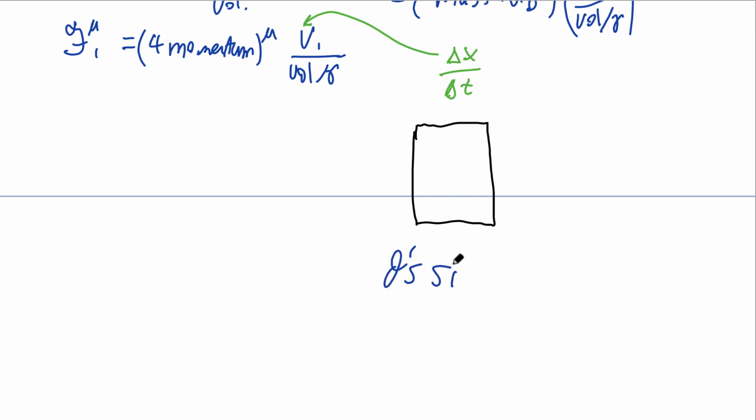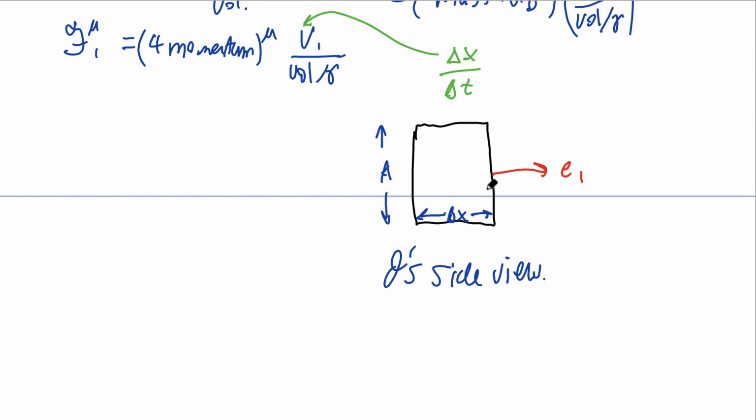So O's side view. And this is the surface on the right side with normal e1. And this packet has width delta x and cross-sectional area A.